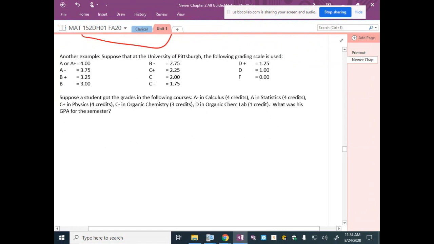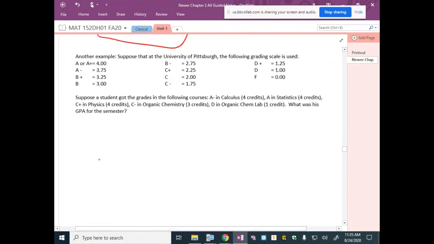Now, some people have come up to me in the past and said, Mr. Jarrett, I got an A in stats and a C in this class and a C in this other class, but my average was over a 3.0 because this was a heavier weighted course that had a larger impact on your grade point average or quality point average.